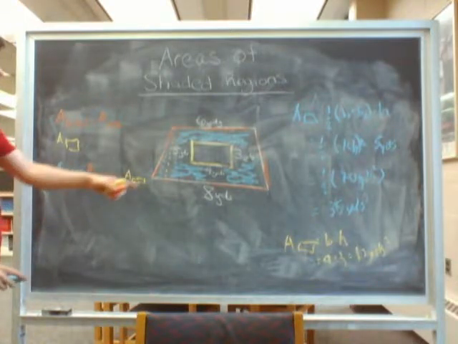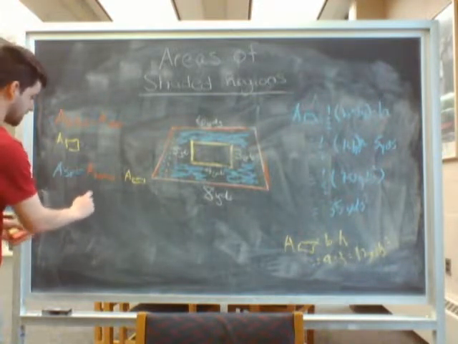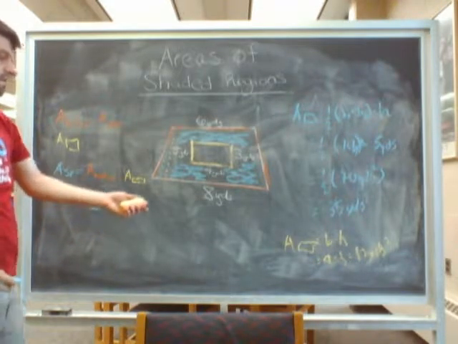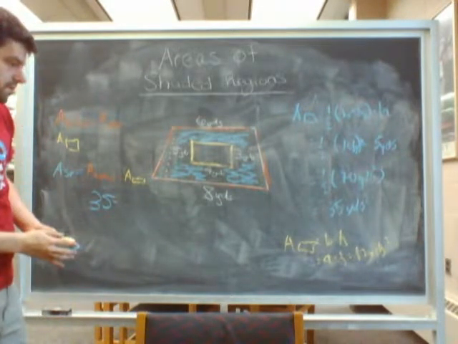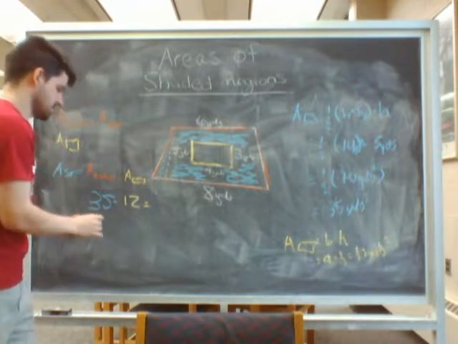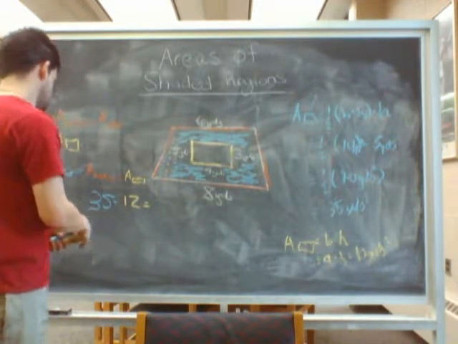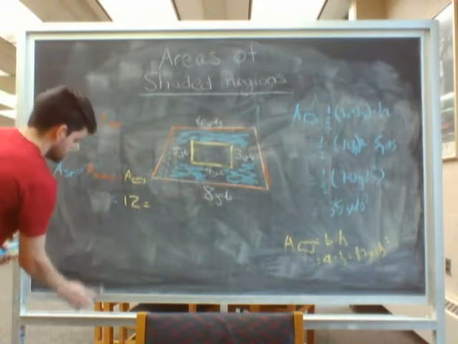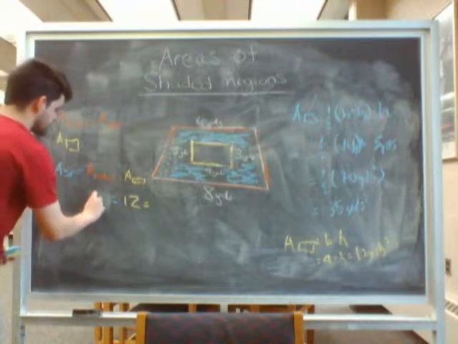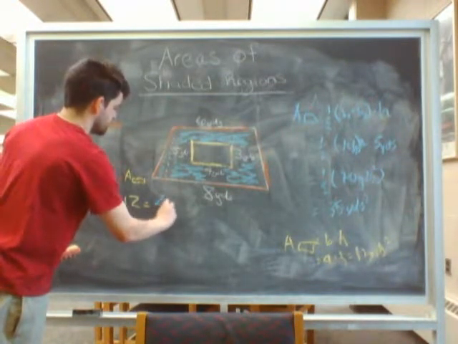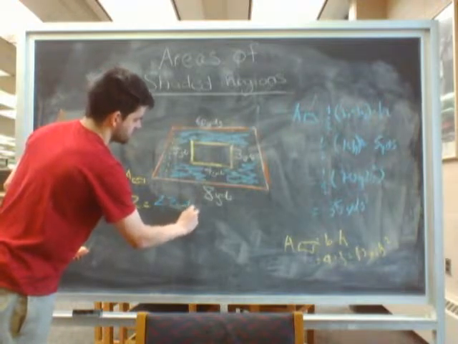So we have area total, which is 35, minus the area of the rectangle, which is 12, and we get 23. This is equal to 23 yards squared.